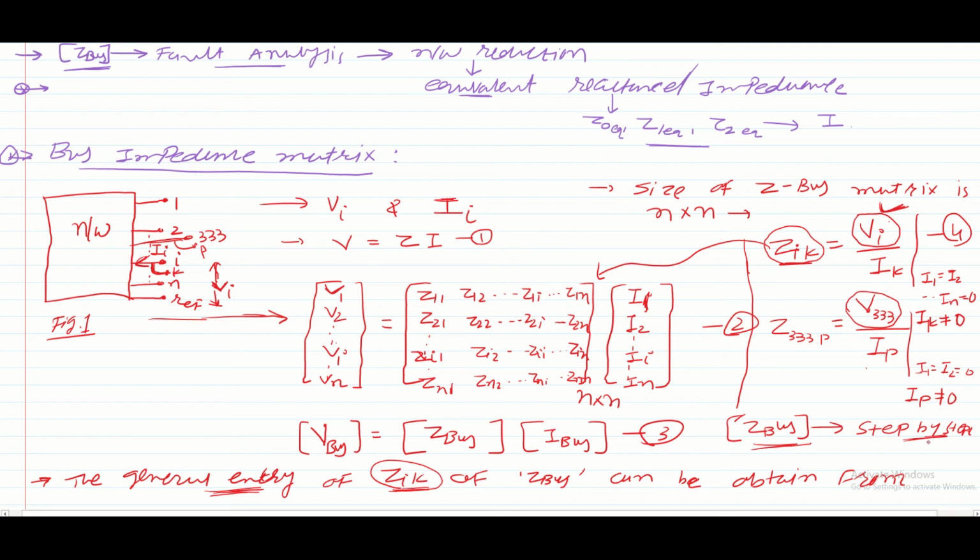which is the step-by-step method, or we can say the building algorithm method. Now one more thing: why will a new entry appear in our network?